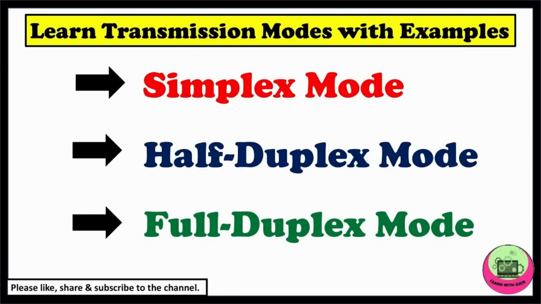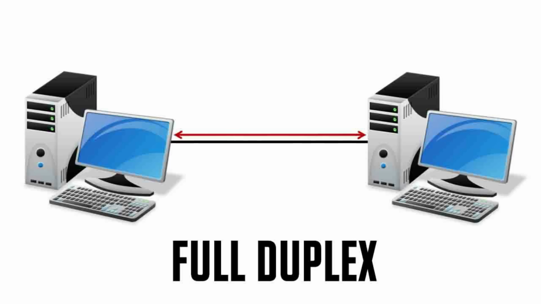In full duplex communication, data transmission occurs in both directions simultaneously, like a two-way street where traffic flows in both directions at the same time. In contrast, half duplex communication allows two-way communication, but only one party can transmit data at a time.